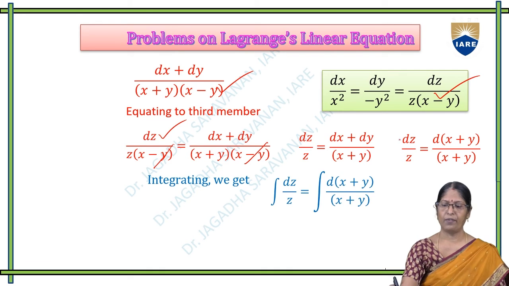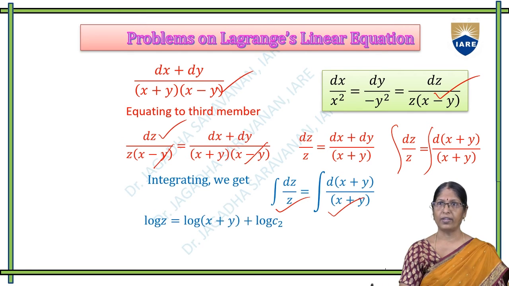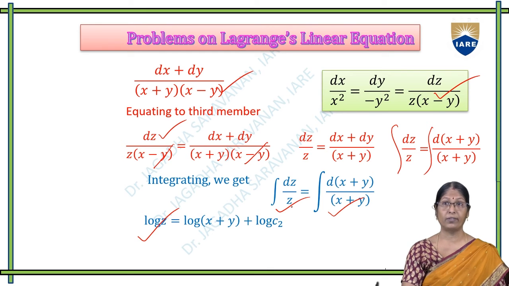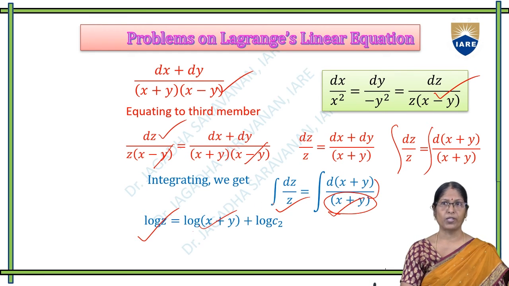Integrating both sides, the left side integral of dz/z is nothing but log z. Here also we can notice the denominator is x + y and the numerator is its differentiation. Then we can write the log of the term, that is log(x + y), and the constant added in logarithmic form.